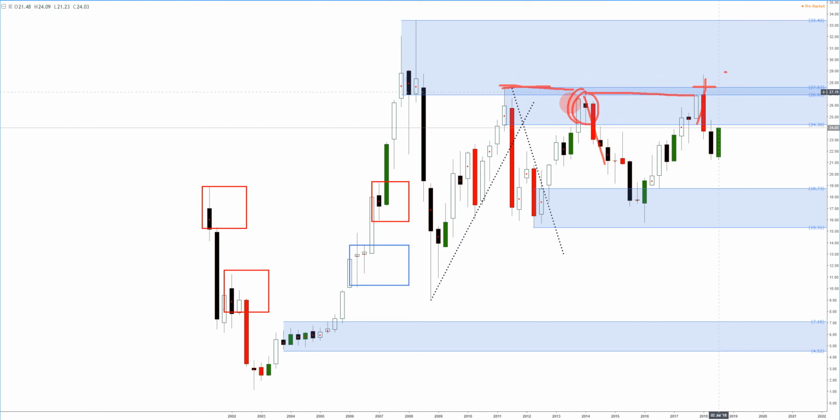So in order to locate the imbalance responsible for the break of that area of supply, we need to go down, okay, and left until we see a pause or a valley. So we see this pause and we say, yeah, here we have our area of demand. Okay, wrong. Why?